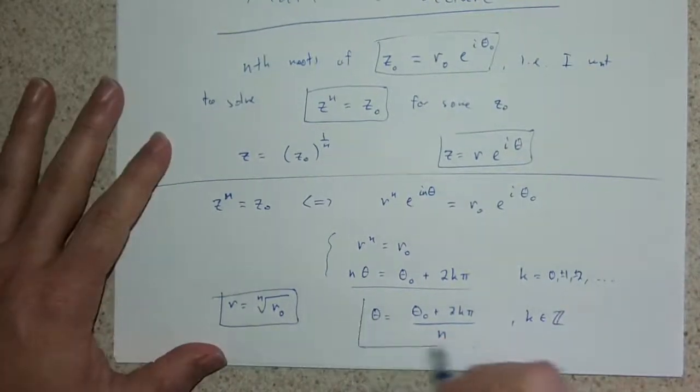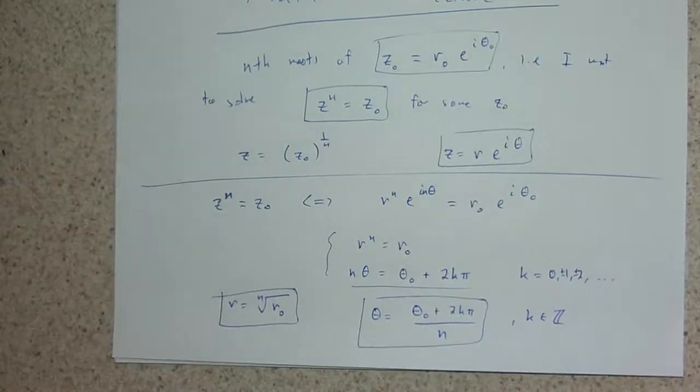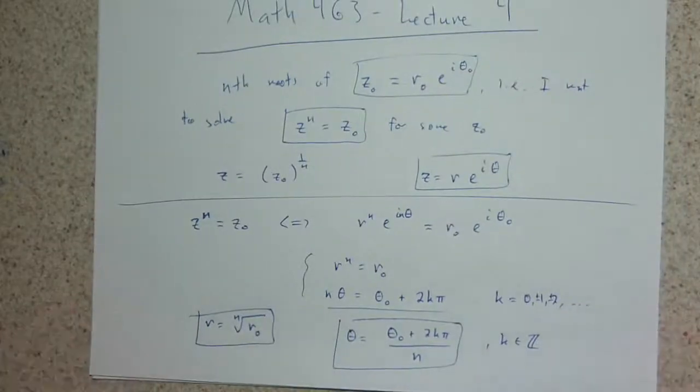Okay, and so we've actually found the generic form that any nth root of some complex number has to take, right?